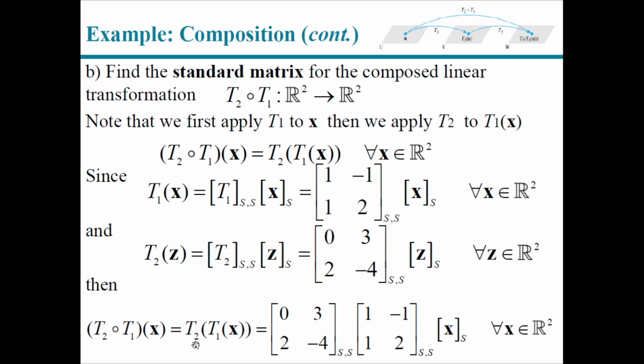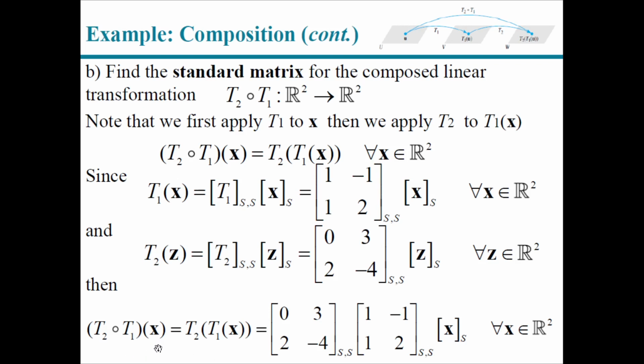To the result, we apply T2. So T1x goes here instead of z. So that's why we have the standard matrix associated with T2 times standard matrix associated with T1 times x. So it follows this order here.